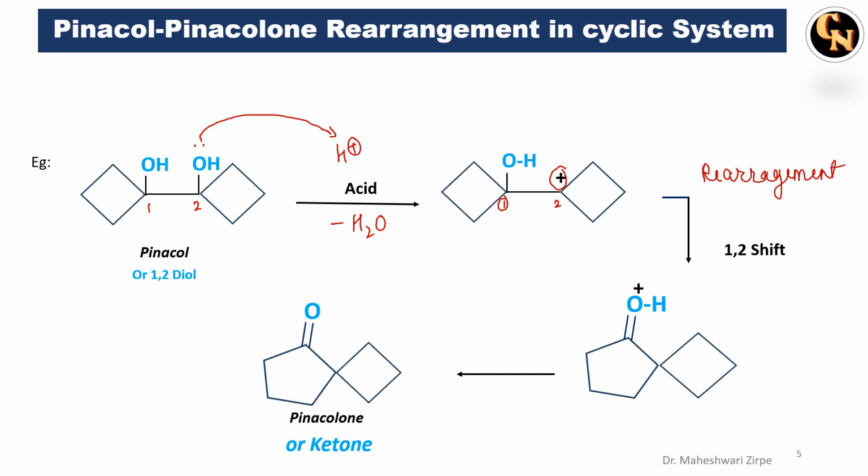And in rearrangement, as we have seen in the previous slide, when the electrons are shifted, the bond will shift, a 1-2 shift will take place to stabilize the positive charge, and the 4-membered ring will expand to a 5-membered ring.